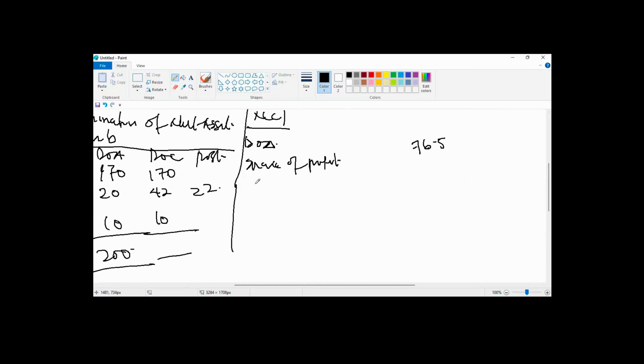What is the group structure? 0.3 times 22.